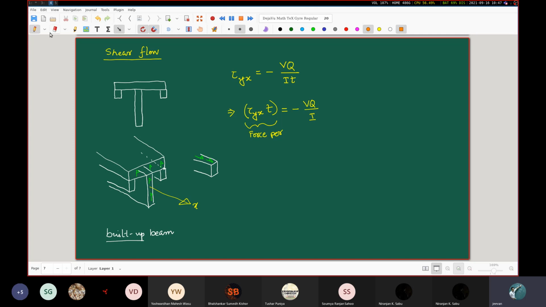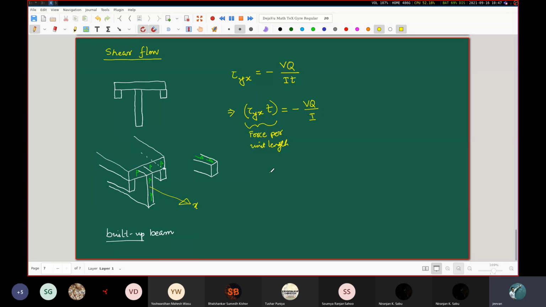Okay, so as I was saying, this is force per unit length, and you can actually check by writing out the dimensions on the right hand side that this is so. Now, as far as the theory is concerned, all that you have to recognize is that this force per unit length is what is referred to as the shear flow.